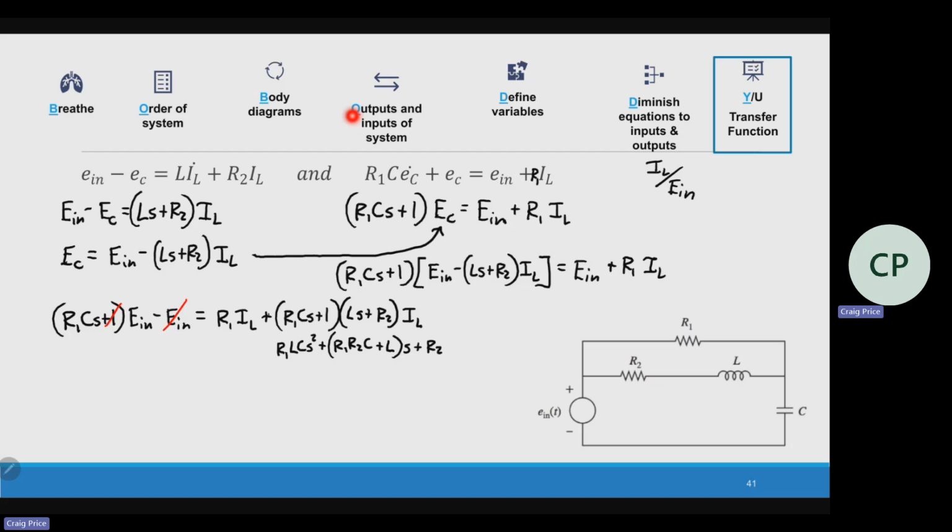That's just FOILed from what's going on here. And then finally, I just have an R1 CS En equals R1 LCS squared plus R1 R2C plus L, plus R1 plus R2.